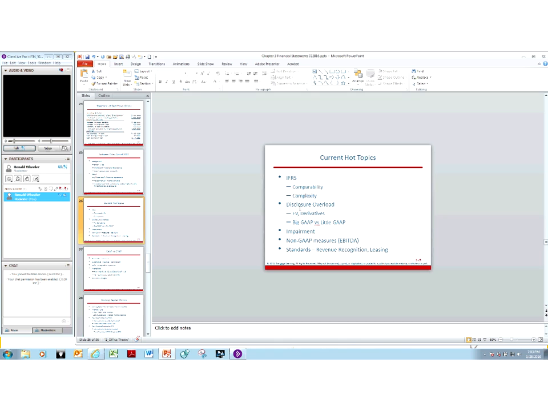The other thing, and this is something that I really focused on when I was in a public company, is disclosure overload. It's so easy for regulators to say, there are so many things we need to put in the financial statements about fair value of assets, how to account for derivatives, and what's ended up happening is financial statements and the footnotes in them have just ballooned over the years.